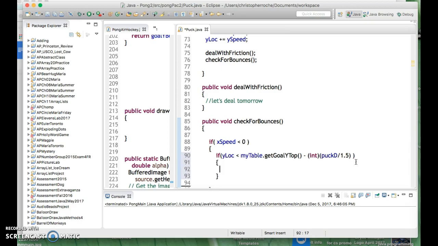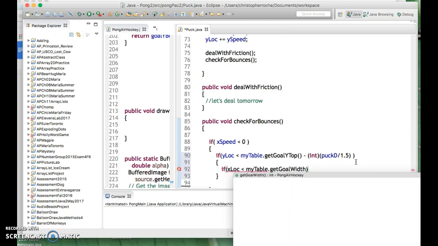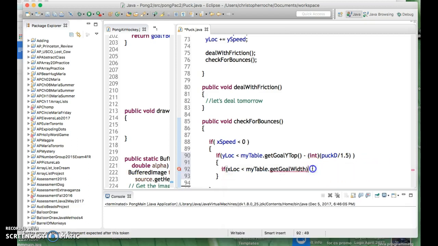Okay, so what I'm going to do, if that's true, I'm going to check the x coordinate. So I'm going to say if x loc is less than my table dot get goal width, then what I want to do is bounce it. If that's true, it's gone too far and I want to bounce it.